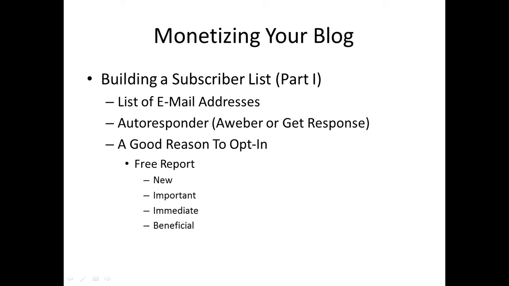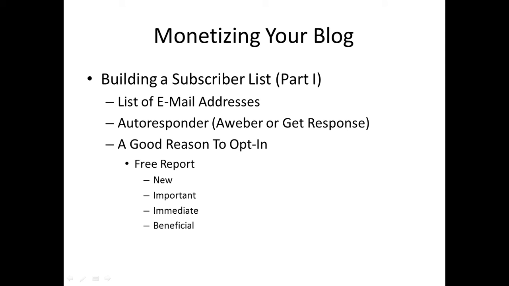Now, there are several ways to monetize a list, but one of the ways you want to think about this is that when you have a list of names and email addresses, every time you create new content, you can literally send thousands of subscribers to see your actual post and to react to it.